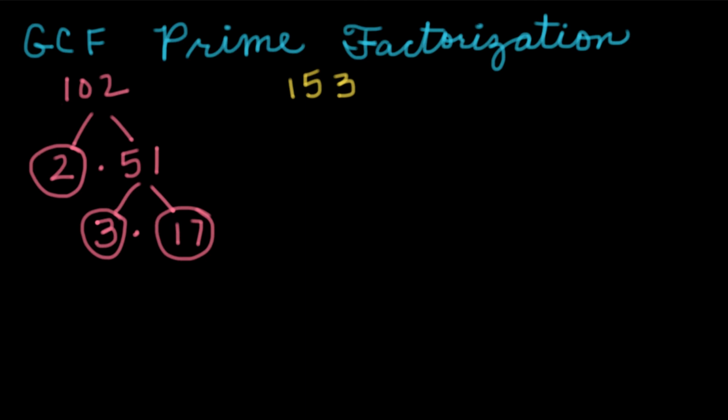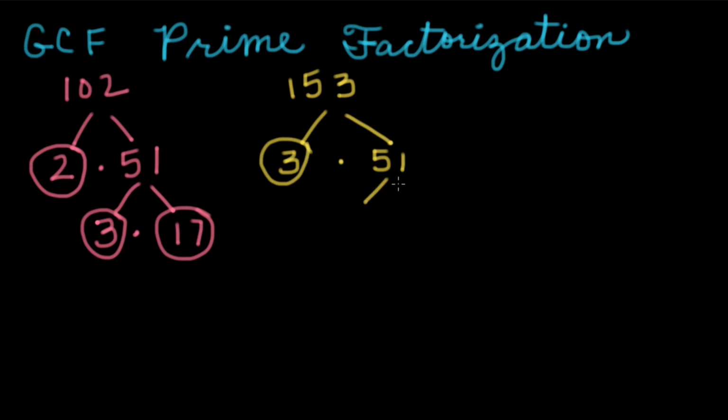Let's find the prime factorization of 153. 153 is not divisible by 2, but I do think it's divisible by 3. 1 plus 5 is 6, plus 3 is 9. Since 9 is divisible by 3, so is 153. 3 times 51 is 153. 3 is prime.